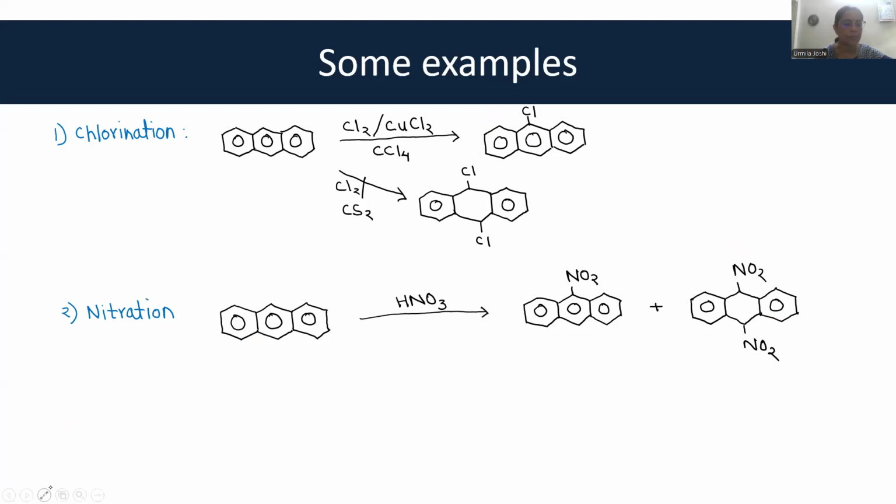Sometimes you get this also, and in addition you get an addition product. And that addition product is going to be the one which I had previously drawn. Some Z, any Z.